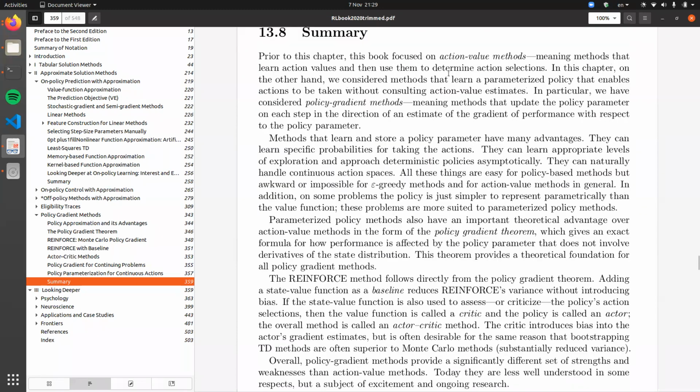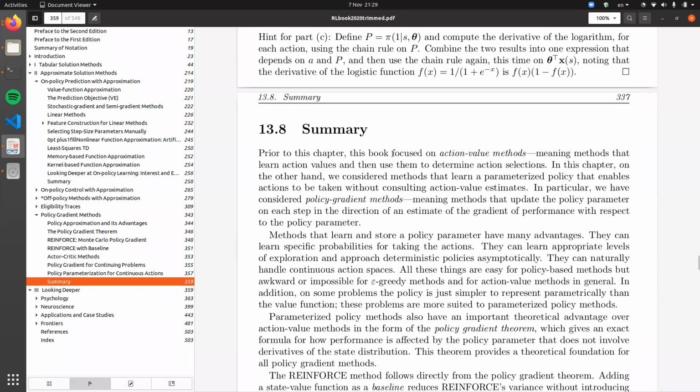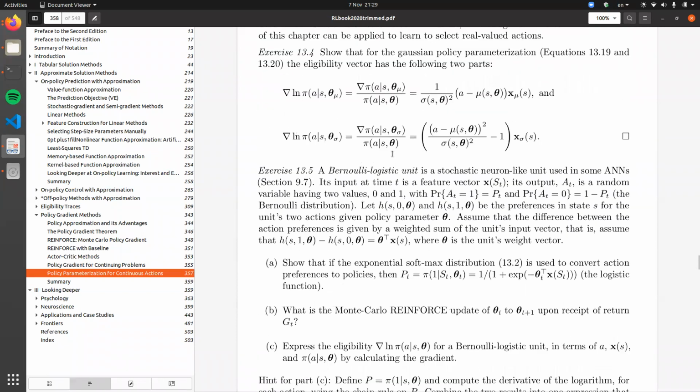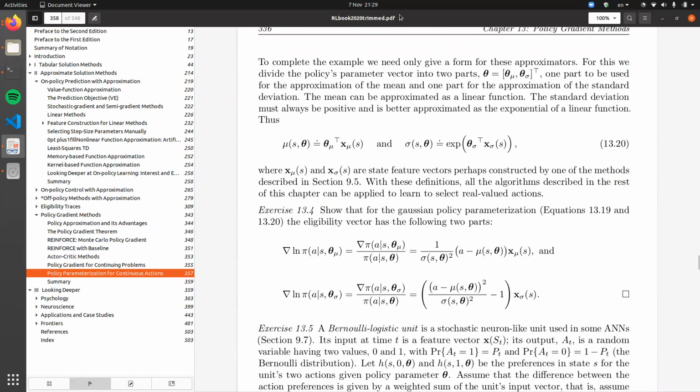All right, I guess that's all I have to say about policy gradient methods, and let's proceed with discussion of policy gradient methods, or of any topic we would like to discuss. Thanks, Arthur.